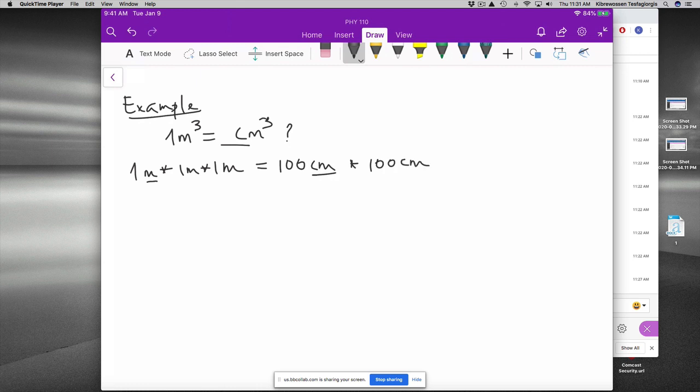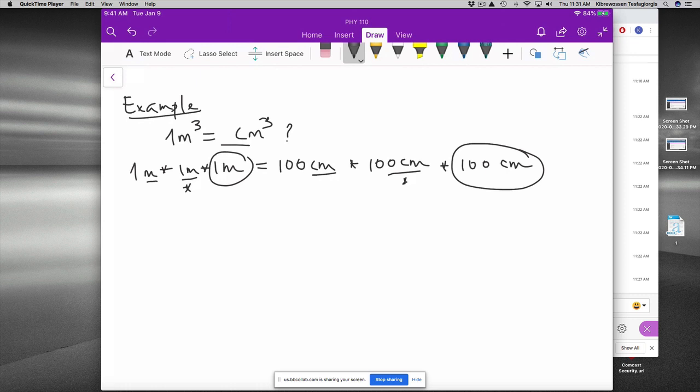This 100 centimeter is for this meter. I'm going to use a star for this one too. And then you need a third one, which is 100 centimeter again. That one is for this one. I'm going to circle it here, then circle it here too. Did you get the point?